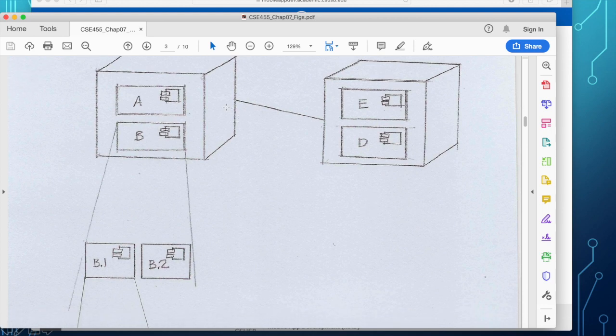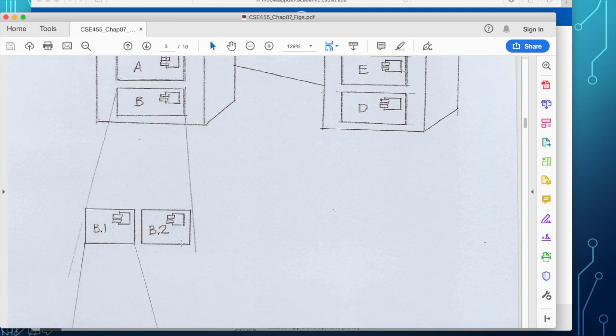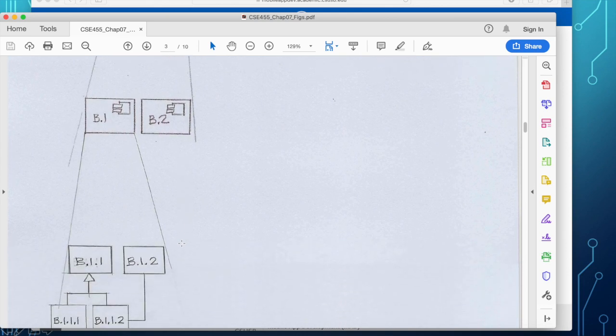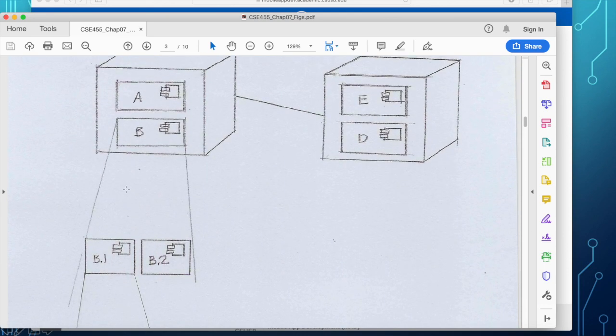You can start from the deployment diagram, and from the deployment diagram, you choose which component you want to decompose into its subcomponents. And you see over here that this component was decomposed into two components. The B component is decomposed into B.1 and B.2 over here.